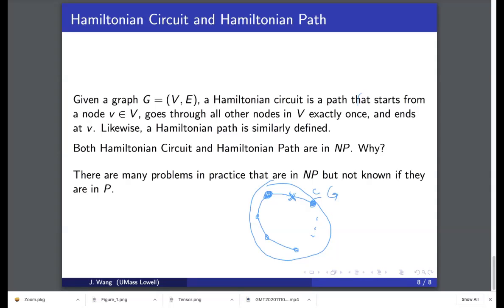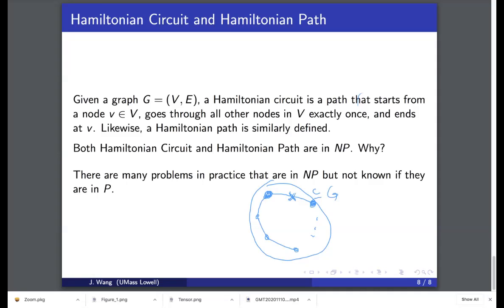Then given a graph G, you want to know whether this graph contains a Hamiltonian circuit. We can simply guess n edges, and then see whether these n edges form a cycle that connects all the nodes exactly once.